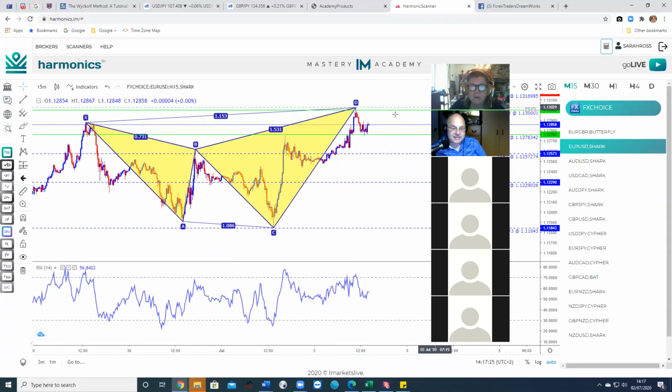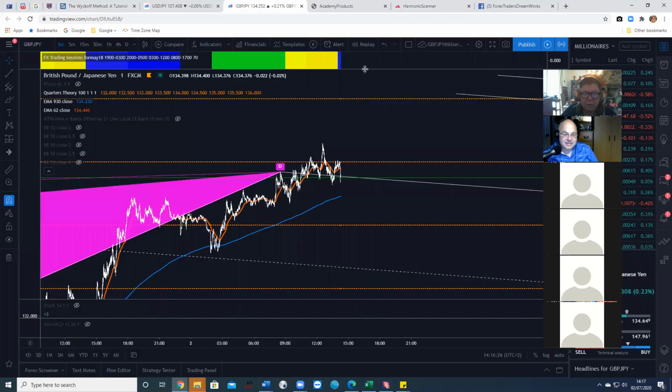So I'll just come over to this one, which is GBP JPY. It's already going up away off the D point, so it's between the pitchfork and quarter theory. If it goes up a lot more, then that is a failed scan. So we'll see what happens. See if I can find it to show the stop loss on the scanner.